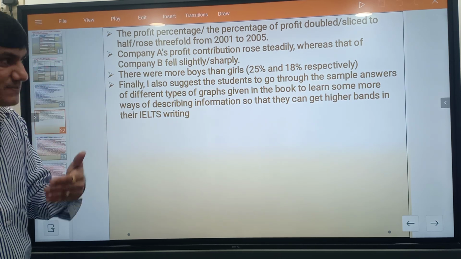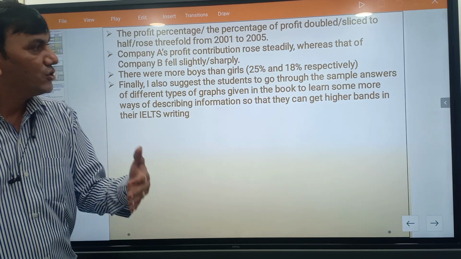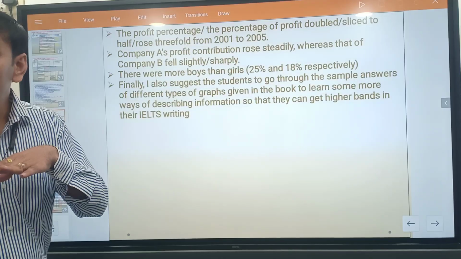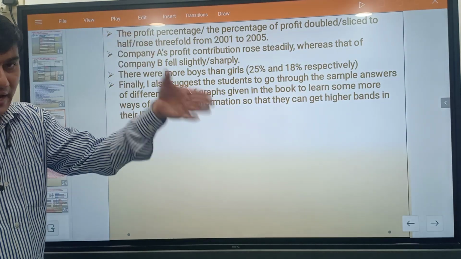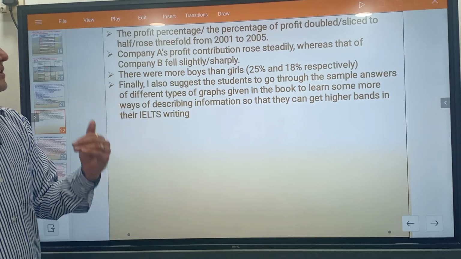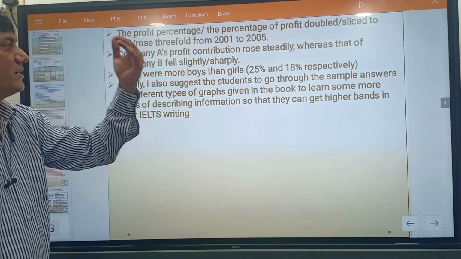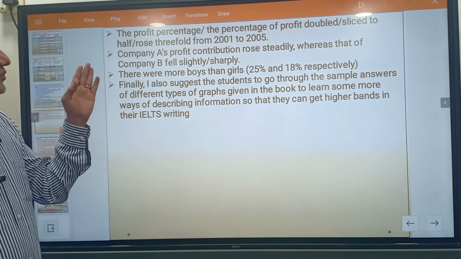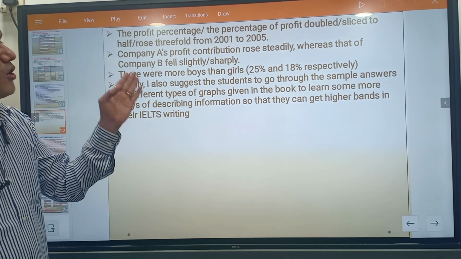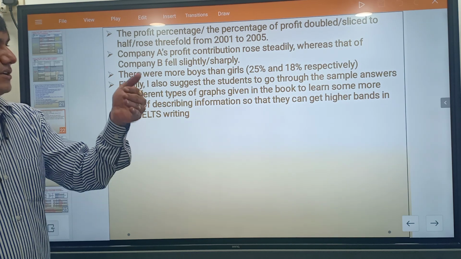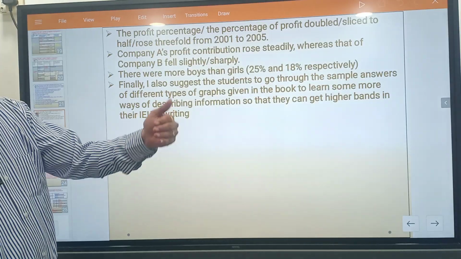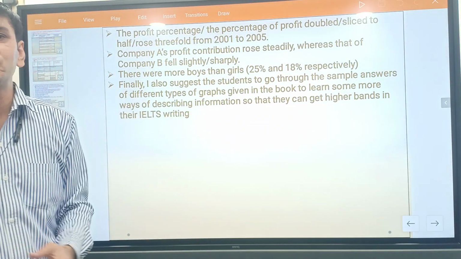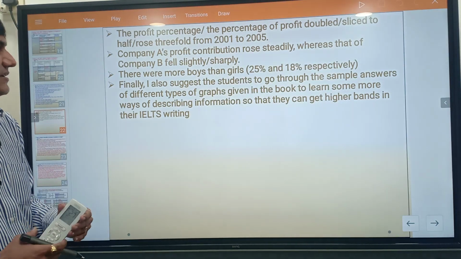Now company A's profit contribution rose steadily, whereas that of company B fell. That of profit B fell slightly or sharply. You can write there were more boys than girls. Comparison: 25% and 18% respectively. Respectively shows that you are showing two or more pieces of information.